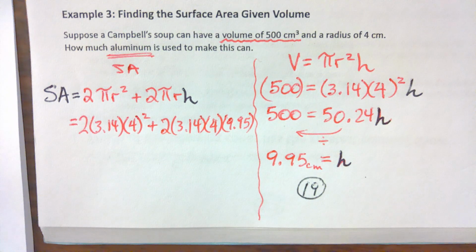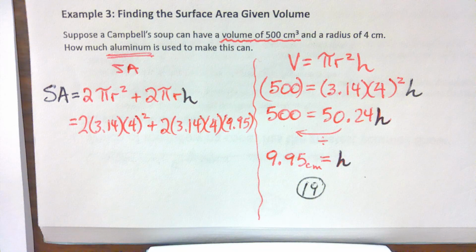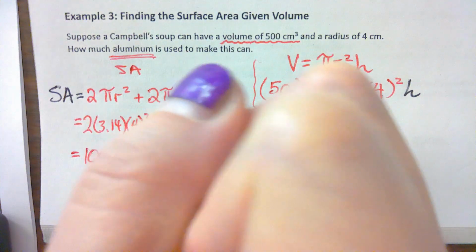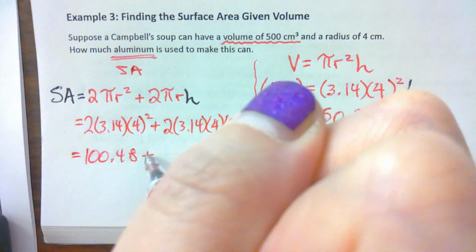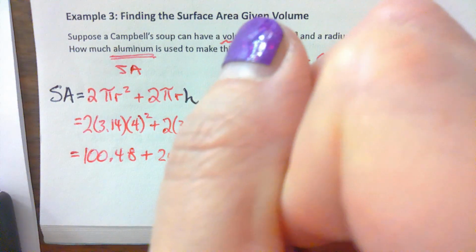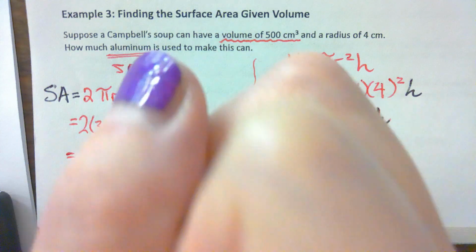Okay. And there we go. So it's very doable, but you just haven't seen questions like this before, where you have to do both of the equations. Plus 2 times 3.14 times 4 times 9.95.